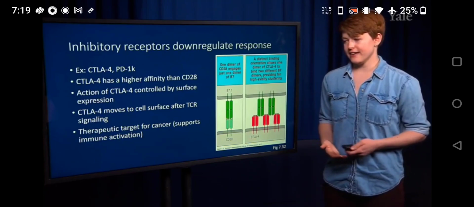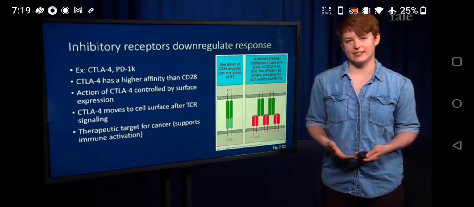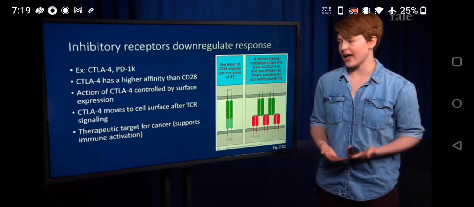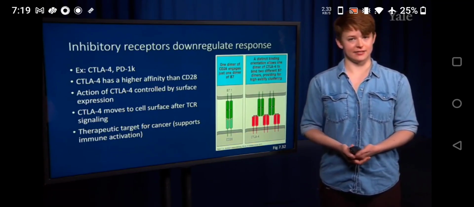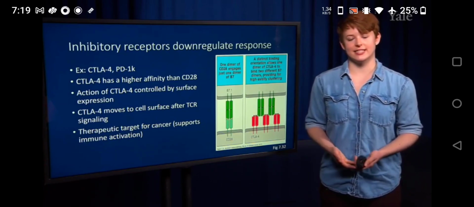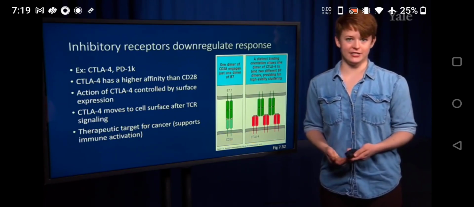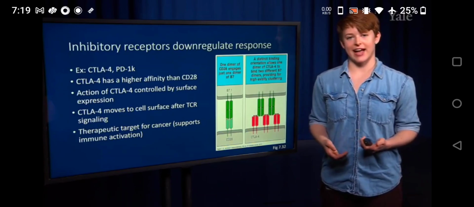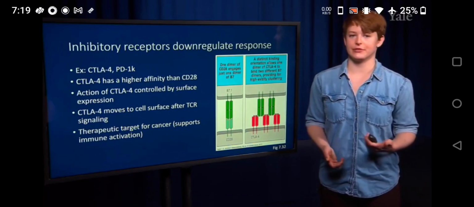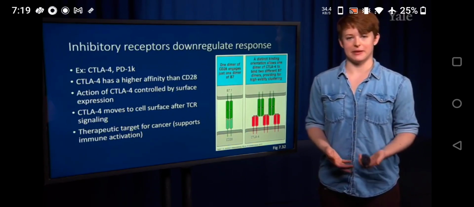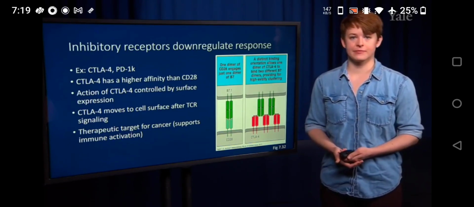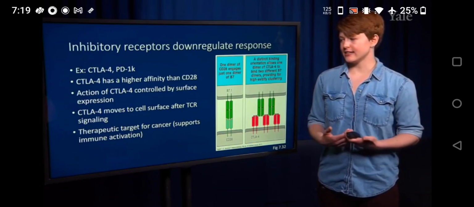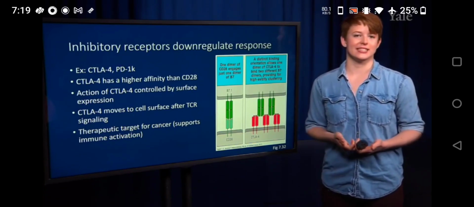CTLA4 actually is mostly regulated by expression at the cell surface on T cells. After the TCR is first engaged, so after you have activation of the T cell through the TCR binding to peptide MHC as well as CD28 binding, this creates an upregulation of CTLA4.